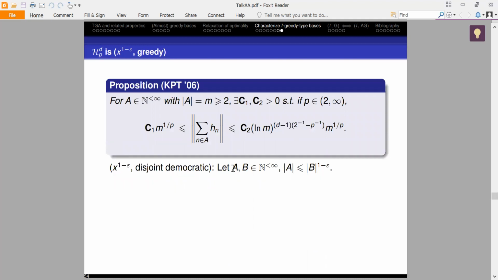Let's choose any sets A and B, okay, finite sets, such that the size of A is bounded by the size of B to the 1 minus epsilon. And then we can choose n to be large enough, such that if x goes over n, then this function as a power of x will dominate the log function. Okay. This is doable because, right, a power function dominates the log function.